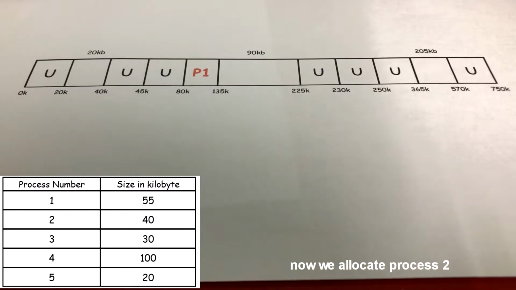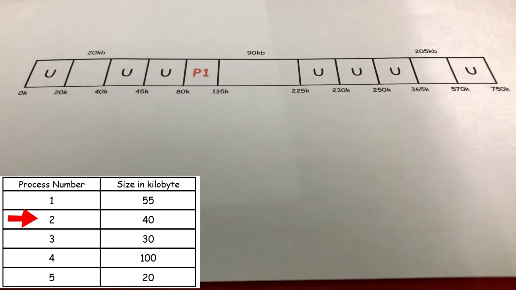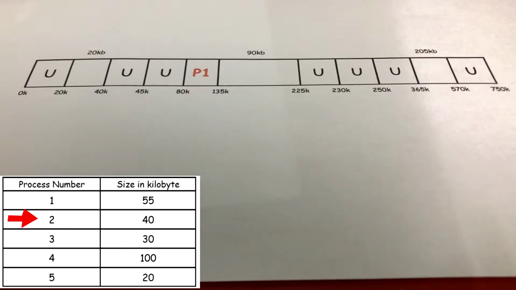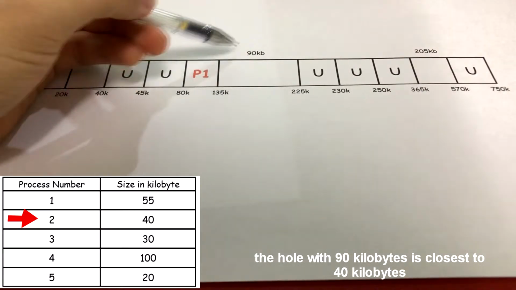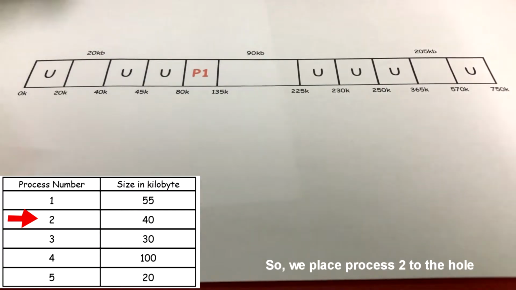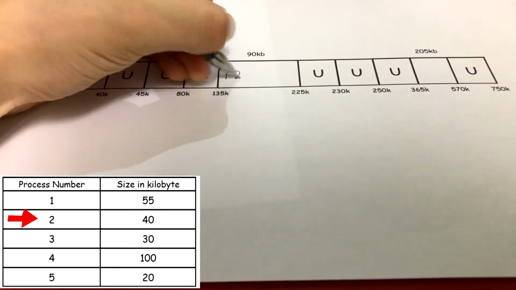Now we allocate process 2. The size is 40 kilobytes. So we see which hole is closest to 40 kilobytes. The hole with 90 kilobytes is closest to 40 kilobytes. So we place process 2 in the hole.